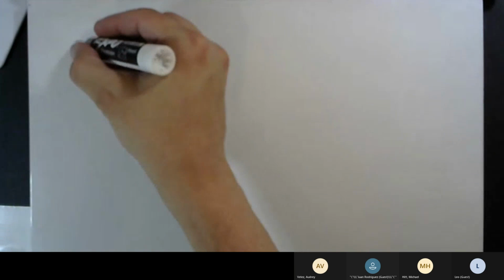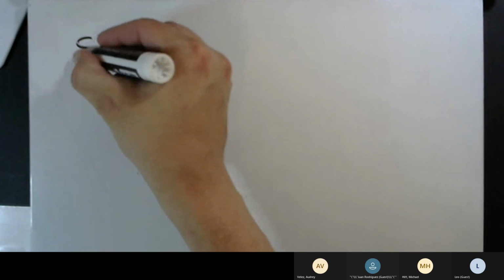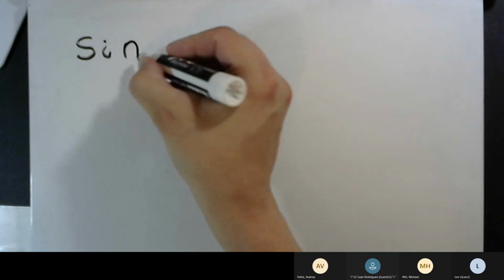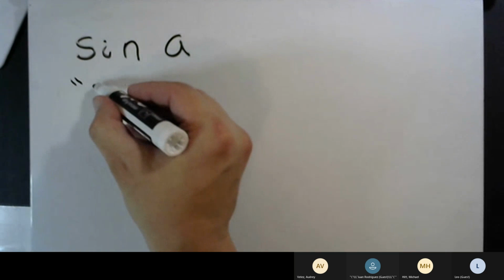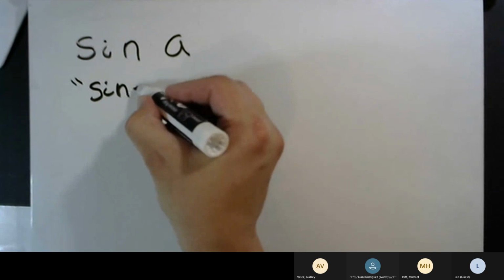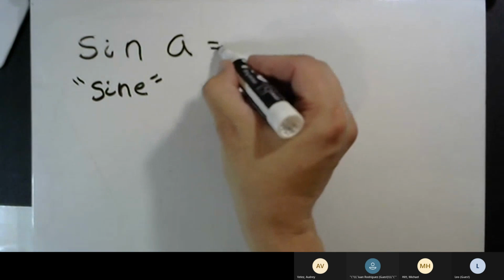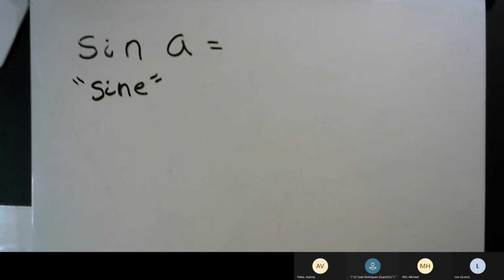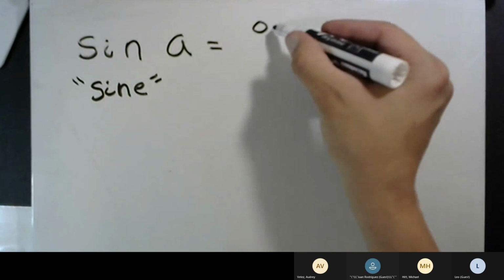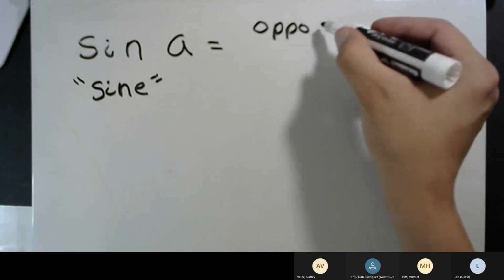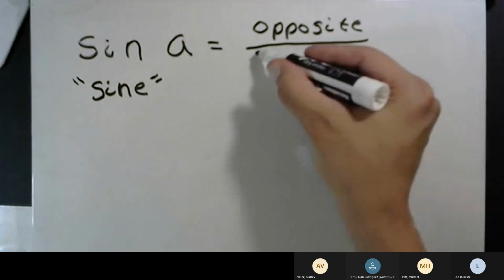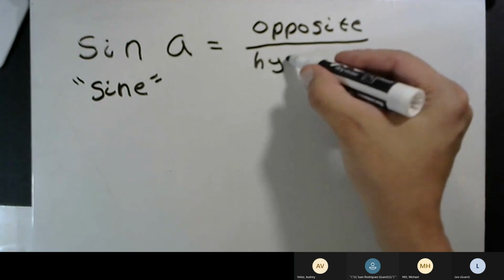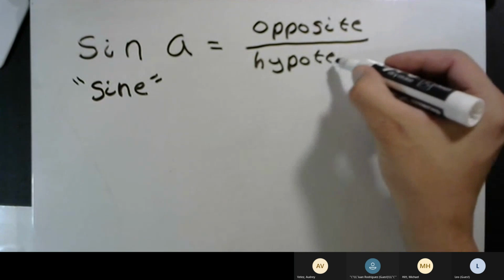The first ratio is called sine. The sine of angle A, pronounced sine, like this. The sine of an angle is the opposite divided by the hypotenuse.